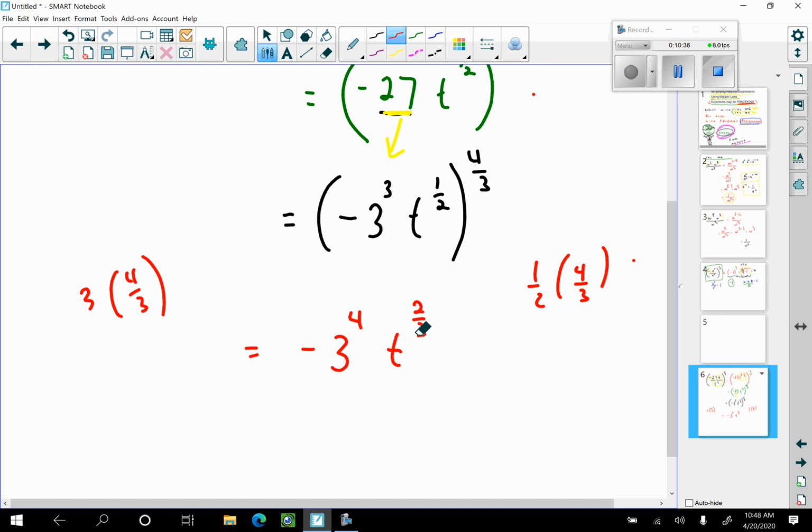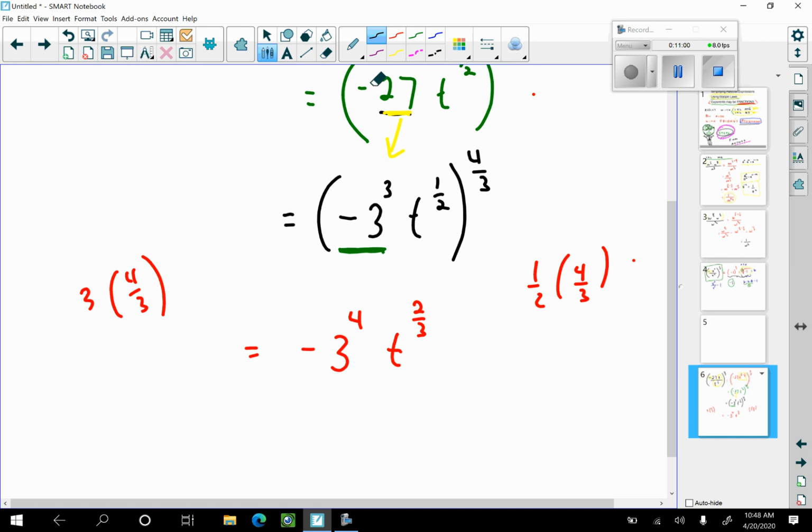And I'm going to tell you, ladies and gentlemen, there is an error here, because we forgot to realize what was going on right here. What was going on right here was this is negative 1 times 3 cubed. This is negative 1 times 27.